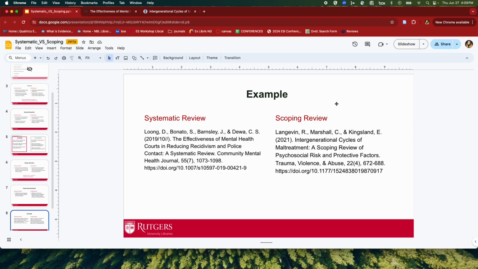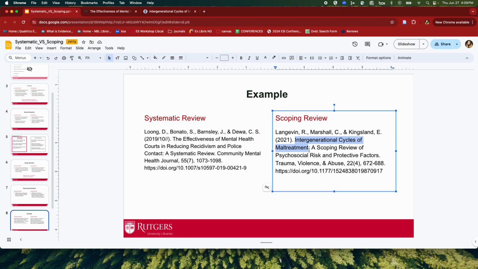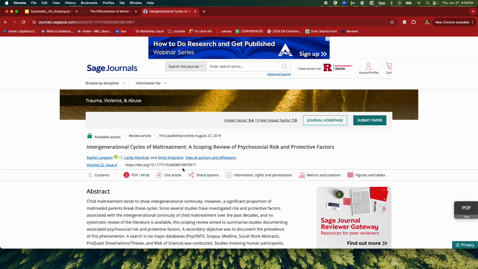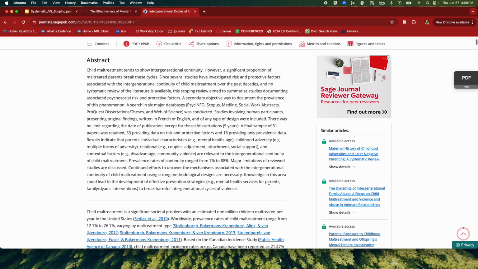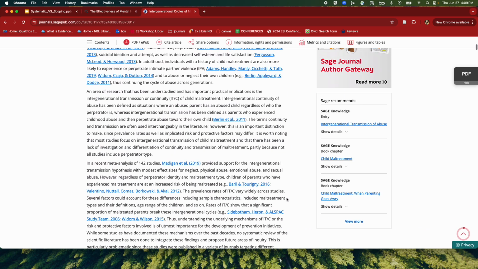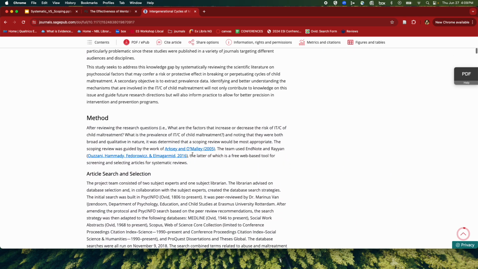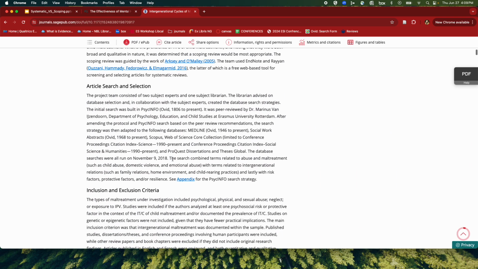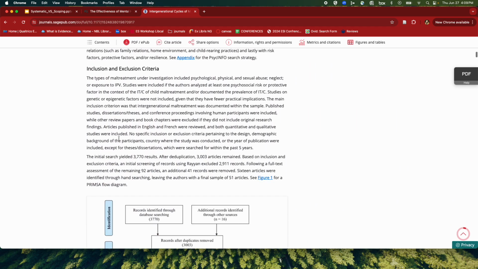Now let's look at a scoping review: intergenerational cycles of maltreatment, a scoping review of psychosocial risk and protective factors. Again, we see that introduction and justification, but we move towards inclusion and exclusion criteria that are much more broad. For example, types of maltreatment are very broad. There are several different types.